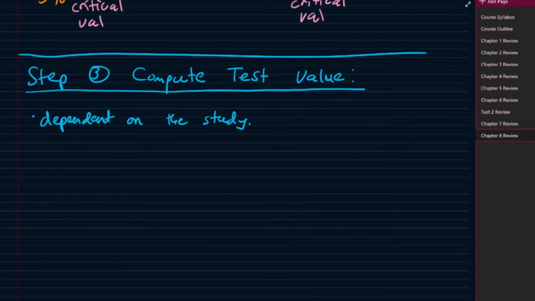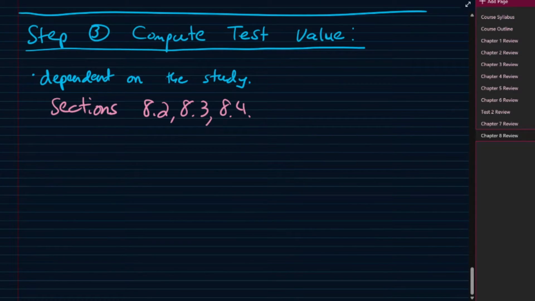So essentially, this is explored more in the upcoming sections, where we explore the different test values that we'll be computing and how to do those. We'll do plenty of examples of those in a bit.